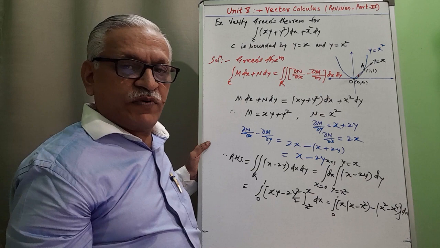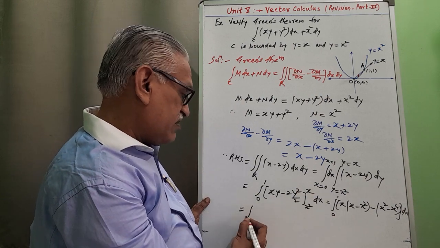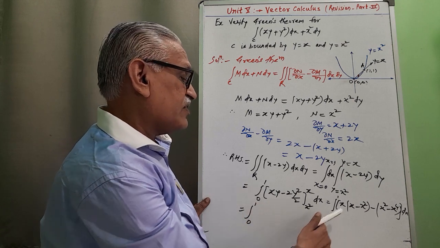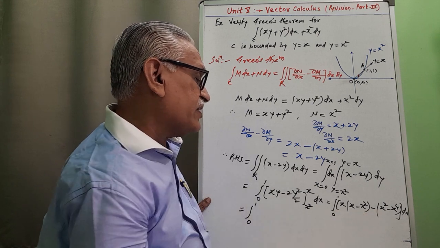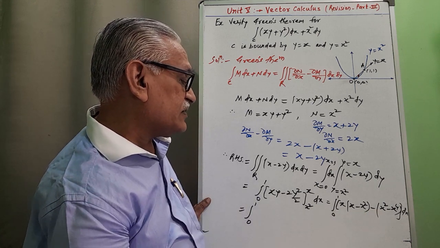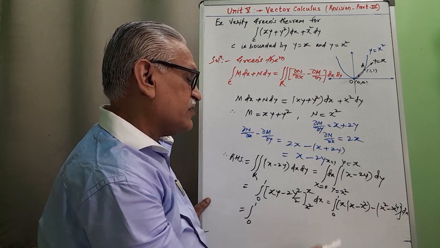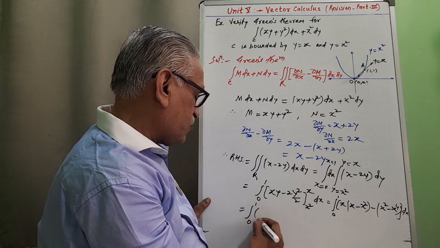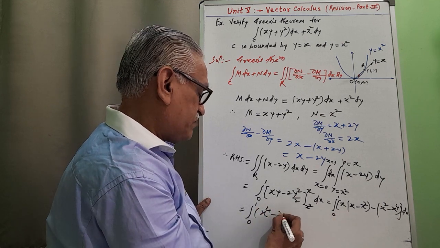Simplifying it we get integration from 0 to 1, x into x we get x square, minus x square, those get cancelled, minus minus plus x raised to 4, and minus x cube.